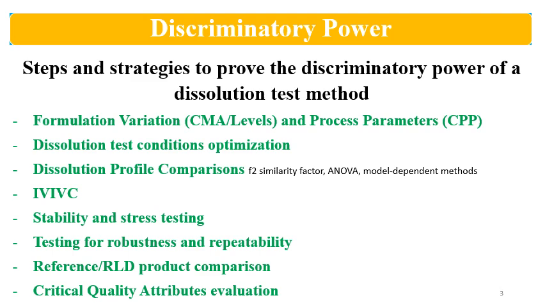You can vary those parameters and you can see whether the dissolution method can detect those batches or not. Then test the dissolution test conditions and optimize those test parameters.